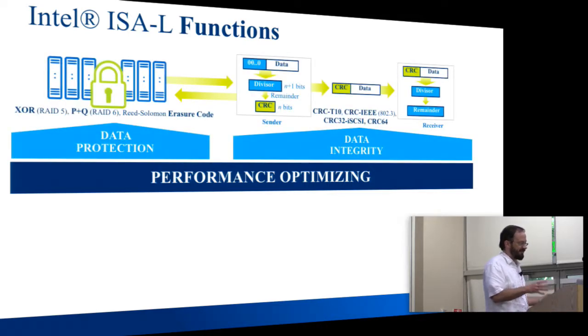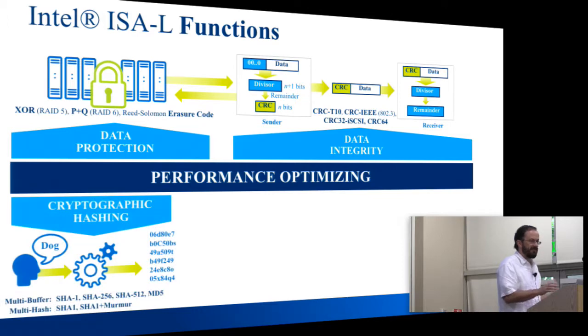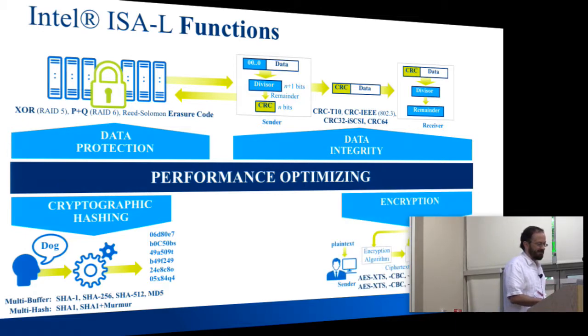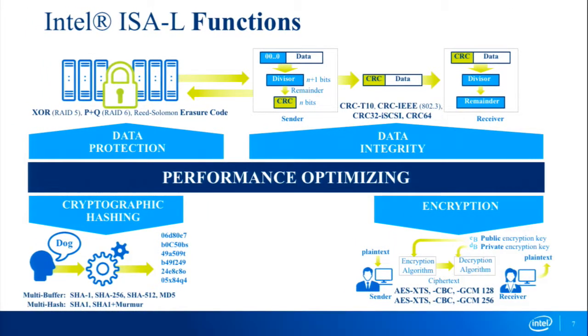Data protection, data integrity: we have RAID and erasure code functions, and a number of different CRCs, everything from 16-bit to 64-bit CRCs, and a number of different polynomials. We have cryptographic hashing, which is the multi-buffer variety. I'll describe that more later. We have encryption, but not in a complete crypto library.